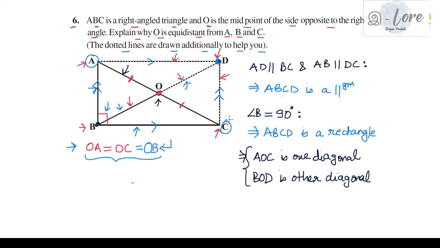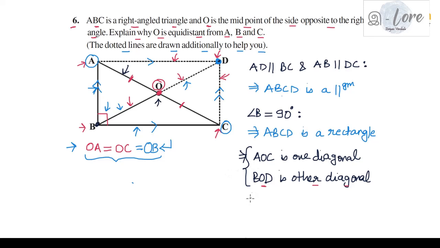But the fact that the diagonals of a parallelogram bisect each other means that if we draw BD, it should also pass through the midpoint of AC, which is O, and hence BOD is a straight line. So BOD becomes the other diagonal of ABCD, and AOC and BOD are the two diagonals of the rectangle ABCD.